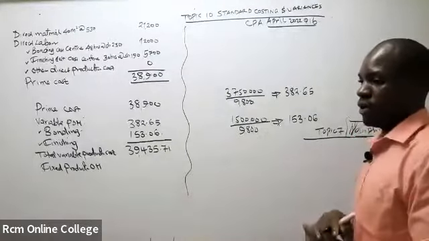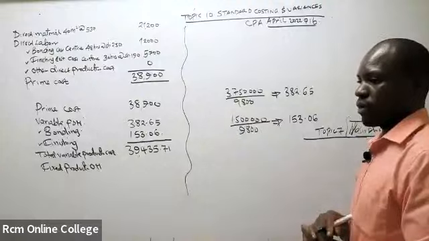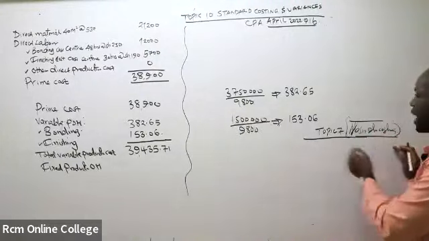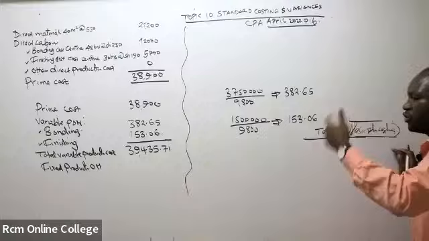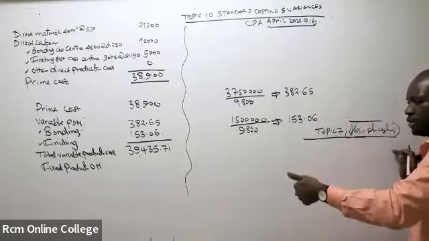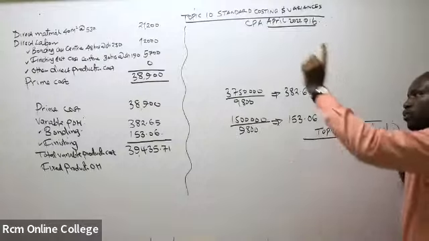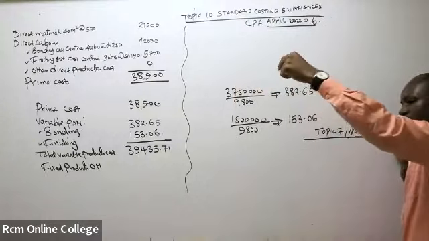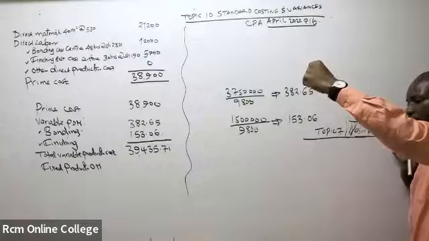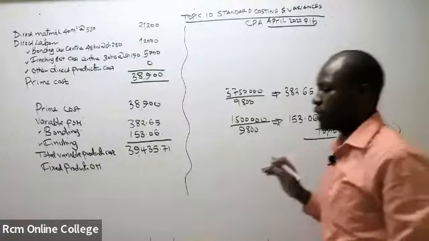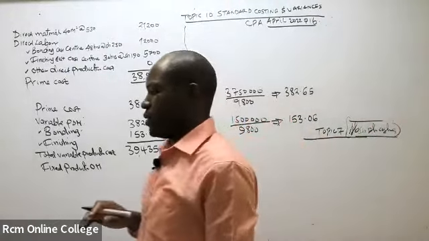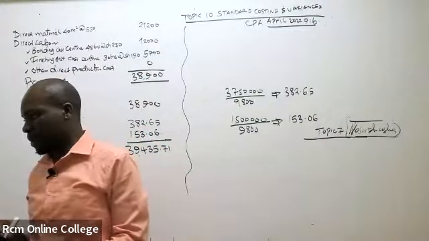So absorption costing, you're going to look at how the overheads are being absorbed into the production process. Now, what you are preparing here is per unit. Is it making sense to somebody?